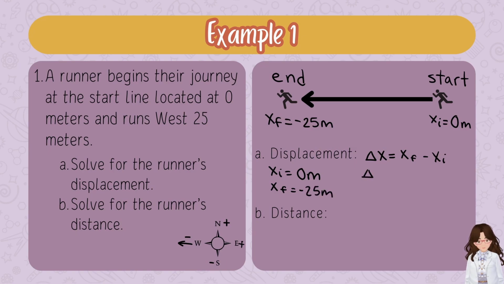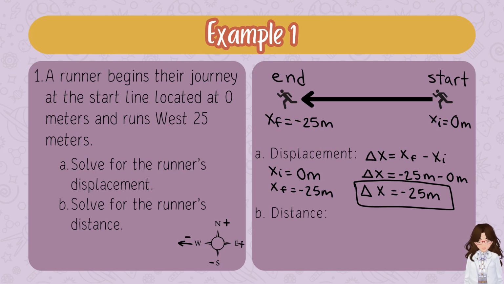I'll plug it in. So we will get final minus initial, negative 25 meters minus 0 meters. And that's going to give me a solution of negative 25 meters as my displacement. So here's my first part right there.